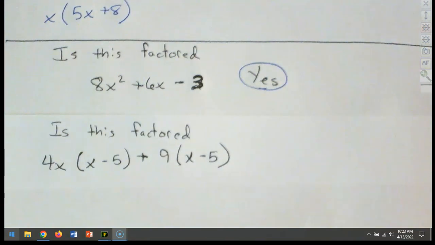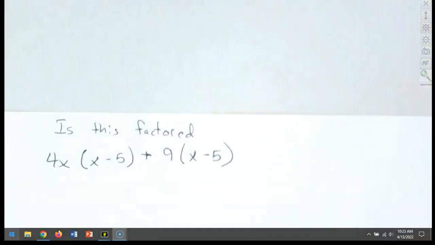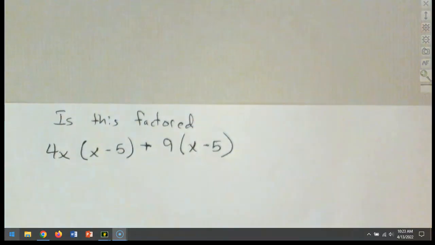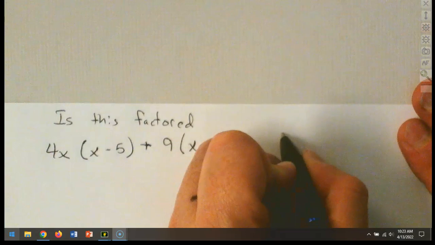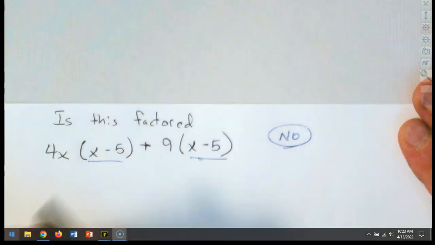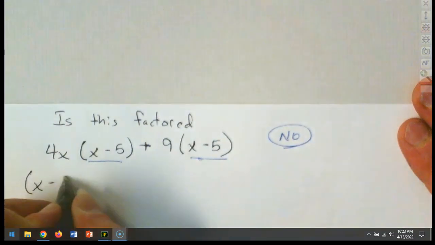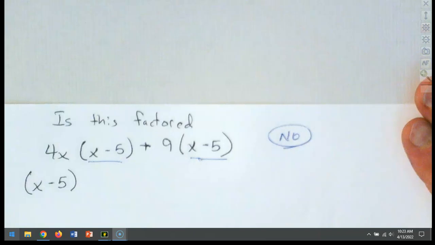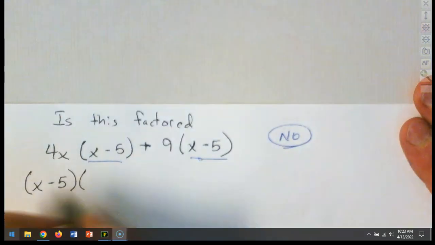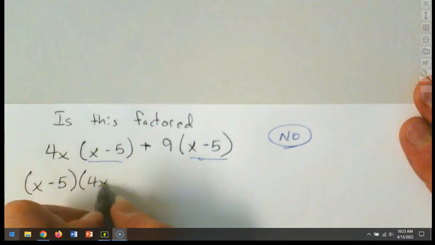Would this one be factored? Yes or no? Nope, it's not completely factored. Why is this one not completely factored? Right, because these are the same, right? So that can come out, and that would leave you with an x minus 5 out front. And what's left over? Okay, 4x plus 9.